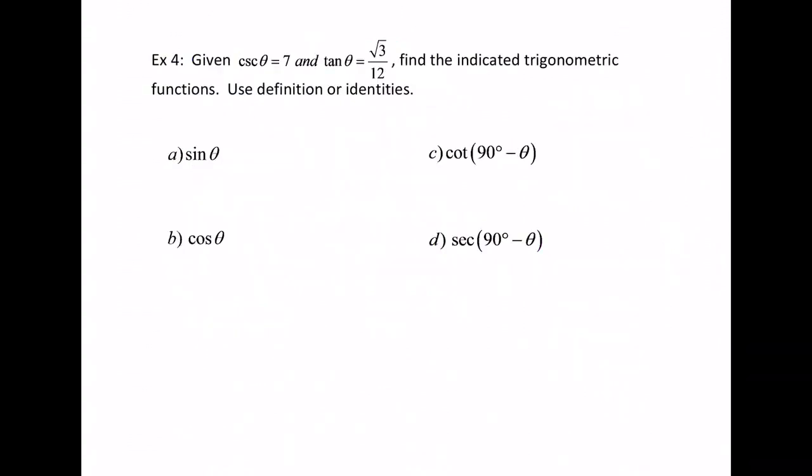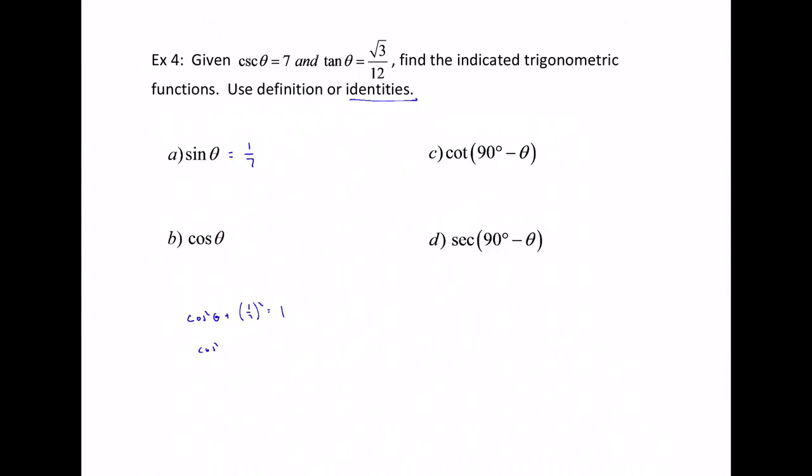So we'll now find some of the indicated trig functions based on the information given. You can use it by definition or identities. So for example, by using the identities, cosecant's the reciprocal of sine, so sine of theta is 1 over 7. Cosine of theta, you could either draw the triangle out, or you could say, I know that cosine squared of theta plus sine squared is equal to 1.